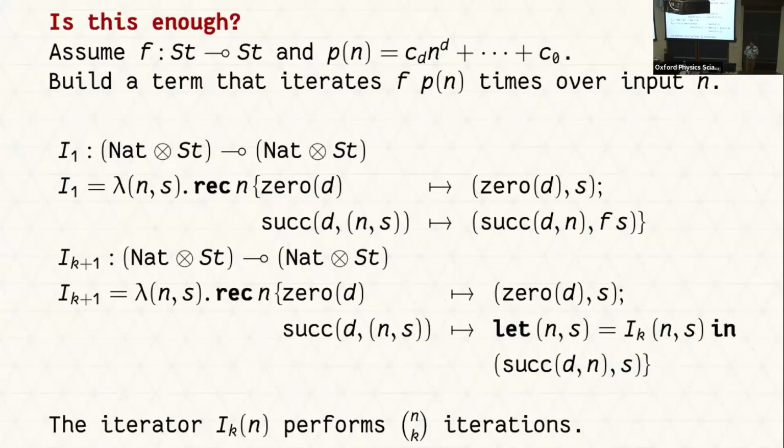So this doesn't give us the nice rectangular shape we had before, but we get this kind of triangle shape. So we end up with the iterator performing n choose k iterations, but then we can compose these together in the same way again to get any polynomial we like. So it's a little bit more complicated to do the completeness proof, but because we can use any data types we like and any kind of shapes we like, we can program much more easily.